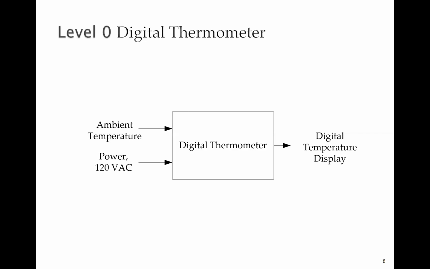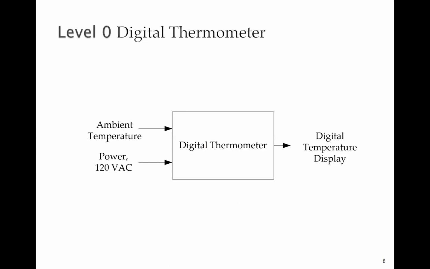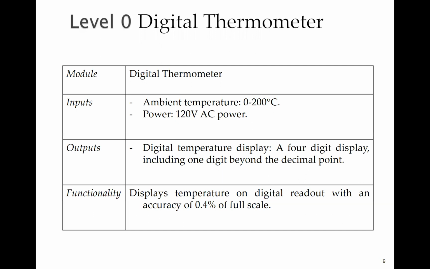Divide and conquer principle. Before that, let's see how to define the model. At level 0, the model is the digital thermometer, so the thermometer itself. We use a table to describe the model name, inputs, outputs, and functionality. The model name here is digital thermometer.